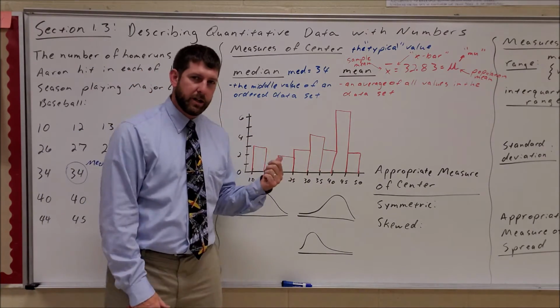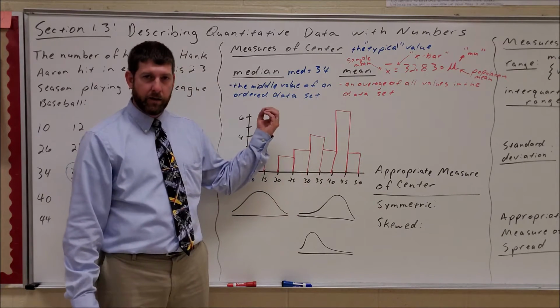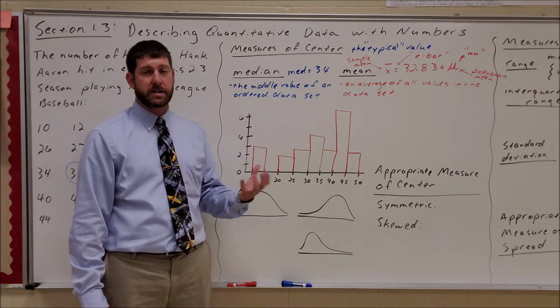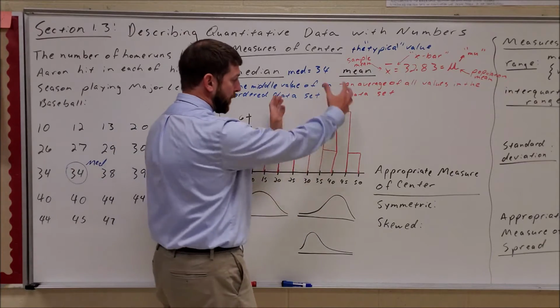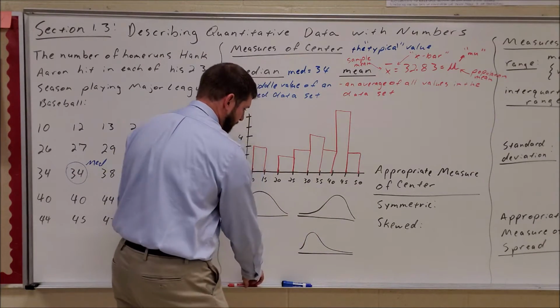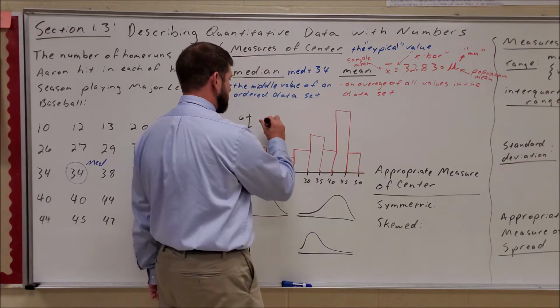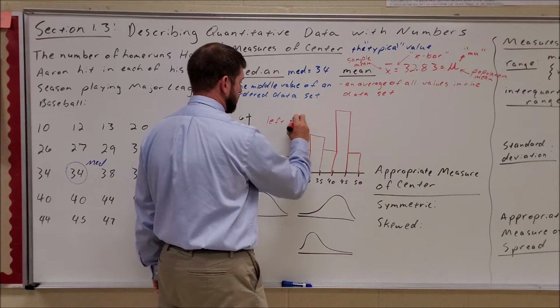Okay, if we make some observations about this group right here, shape on this, I feel is pretty obvious. It's a left skew distribution. Most of our data is clumped here and then it tails off to the left. So I think we could safely describe this distribution as being left skew.